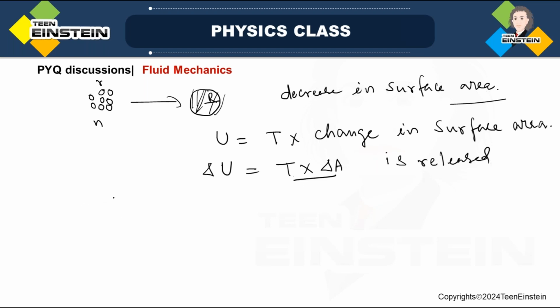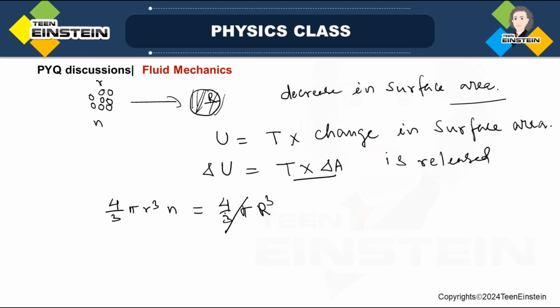So what is the volume? 4 by 3 pi small r cube into n, the number of drops, is equal to 4 by 3 pi capital R cube.